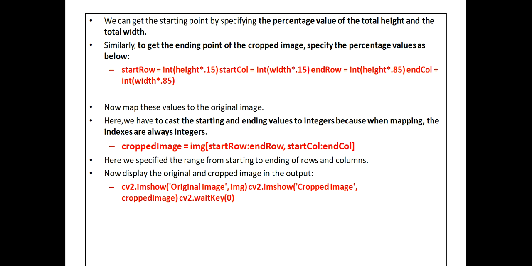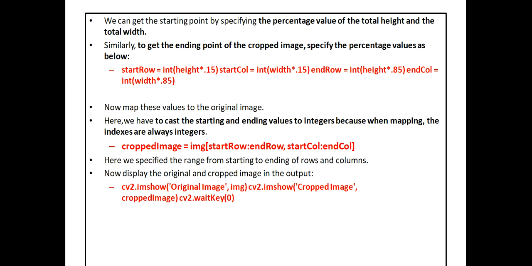So we have defined the start and end row here, and the start column and end column here. This will obviously crop the original image. Now map these values to the original image. We have to cast the starting and ending values to integers because when mapping, the indexes are always integers, and I hope you have already been shown these points in my machine learning lectures.